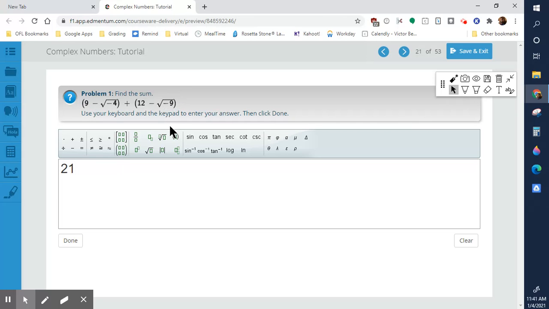This negative square root of -4 is negative 2i. This negative square root of -9 is essentially negative 3i. So in other words, we're going to get negative 5i when we combine this together. So we get negative 5i.